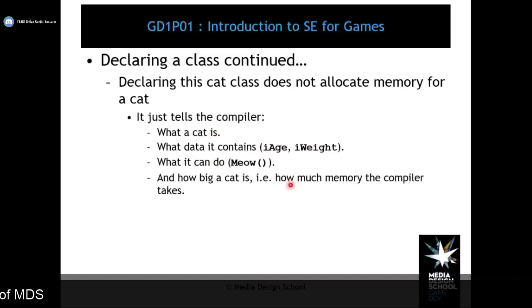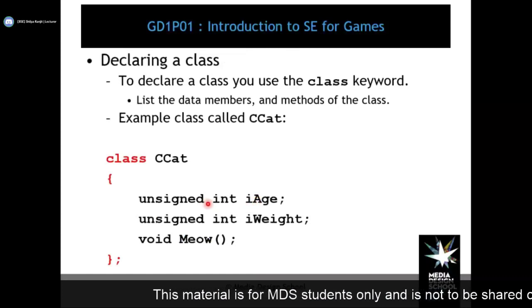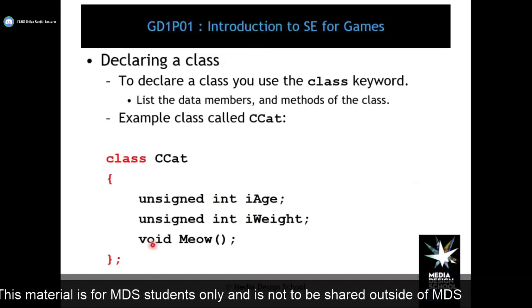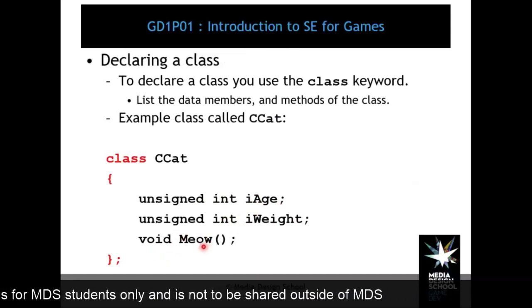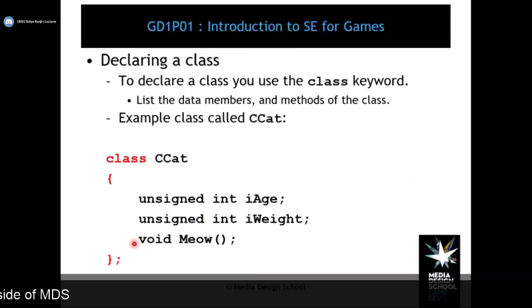And how is the memory allocated? It is allocated based on how many data members you have. If we go back to the cat example, the cat has unsigned int iAge, unsigned int iWeight, and the next one, void Meow. That is a function, and we do not consider functions. We do not consider memory space for a function because functions are all in the code space.